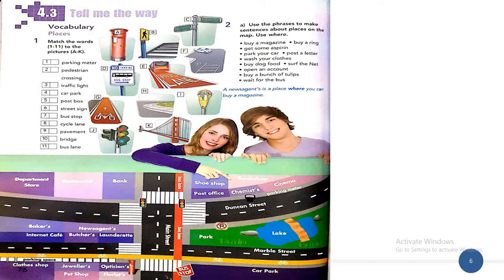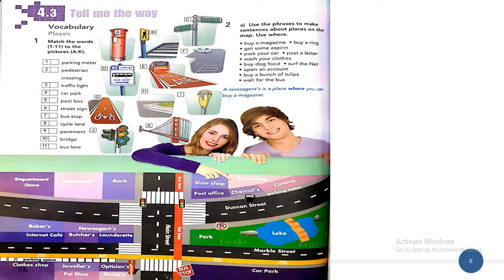Cycle lane. 9. Pavement. 10. Bridge. And 11. Bus lane. So, try to do the exercise, please, before I give you the answer key. Again, as usual, pause the video and do the exercise.